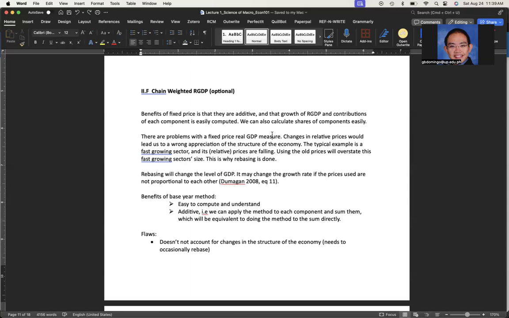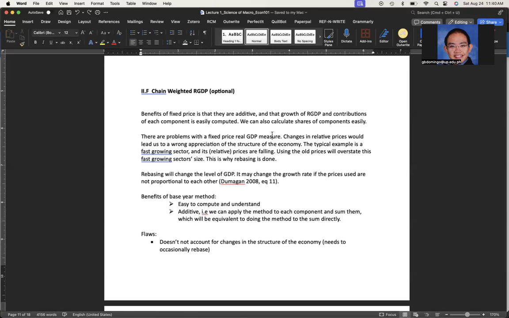So a typical example why that would be wrong is a fast-growing sector whose relative prices are falling. Using the old prices will overstate the fast-growing sector's size because you're using the old higher price and you're multiplying it by the size or the output of the sector.